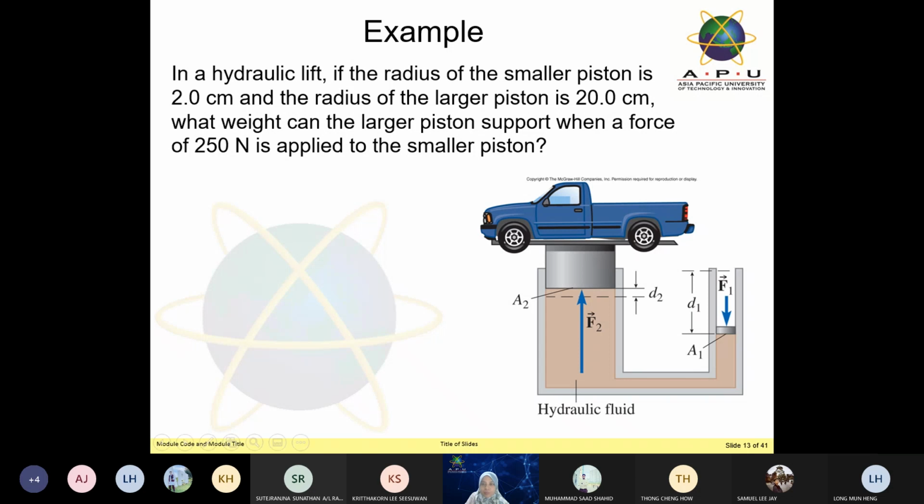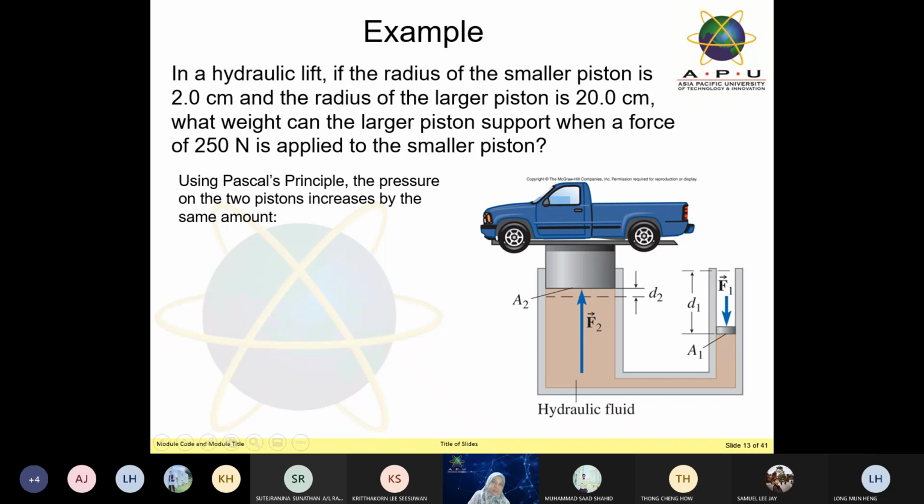A2. So 20 times 10 to the power of negative 2, to the power of 2 some more.